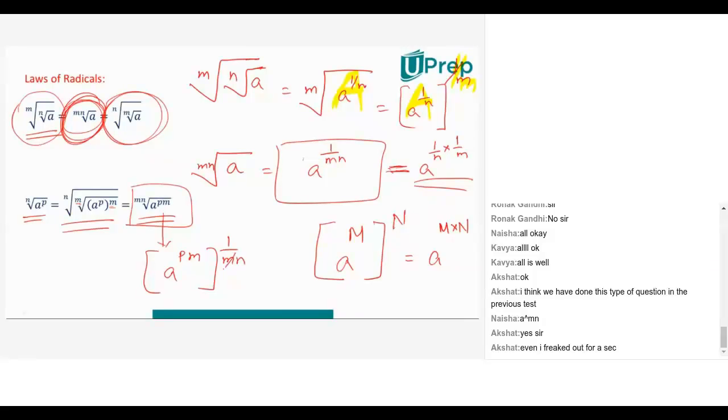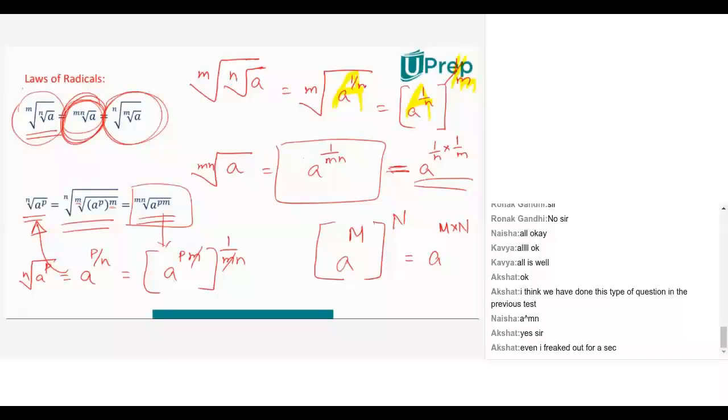Now pm into 1 by mn: this m and this m get cancelled. This will be nothing but a power p by n. And a power p by n is nothing but nth root of a power p. So it's just playing around with the radicals.